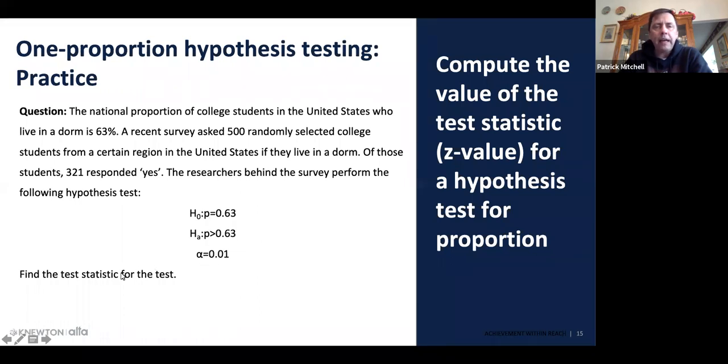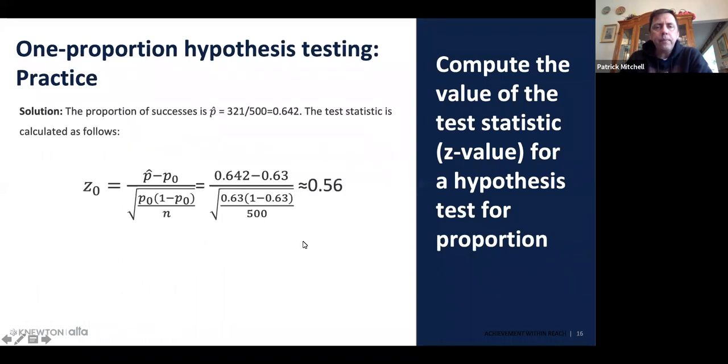They want us to calculate our test statistic. First we calculate p hat. p hat is 321 divided by 500, which comes out to 0.642. That makes our test statistic 0.642 minus 0.63, which is the hypothesized proportion, divided by the square root of 0.63 times 1 minus 0.63 over 500.